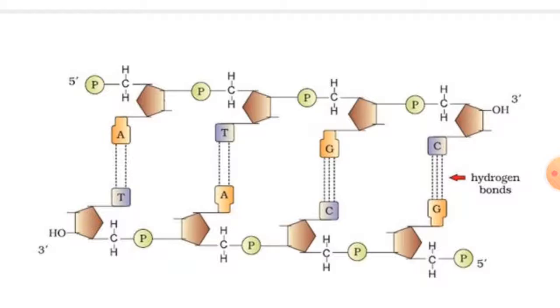So one is 3 to 5, the other is 5 to 3. Both are antiparallel chains, and projecting from this backbone towards the inner side are the nitrogenous bases adenine, thymine, cytosine and guanine, which are bound to the opposite chain's nitrogenous bases by hydrogen bonds, 2 between adenine and thymine and 3 between cytosine and guanine.